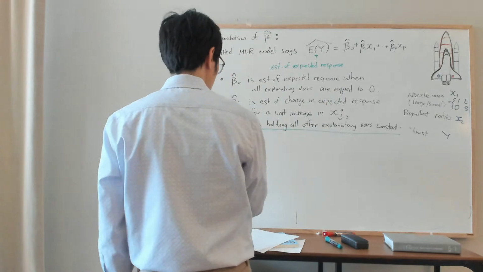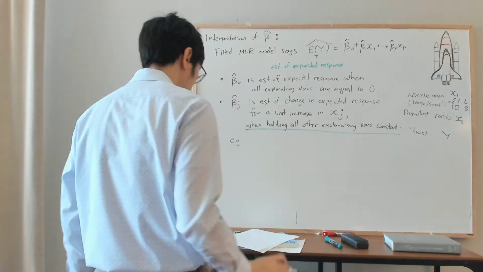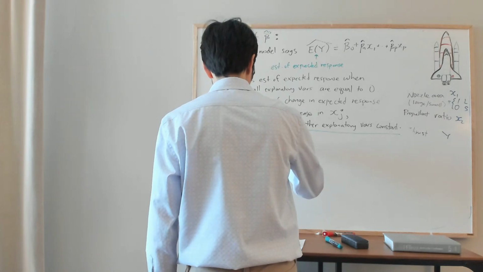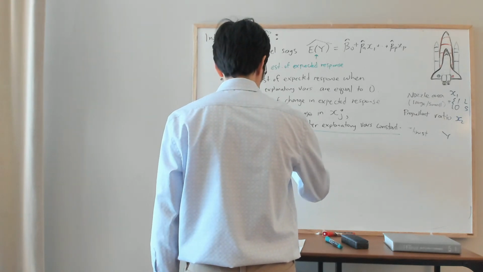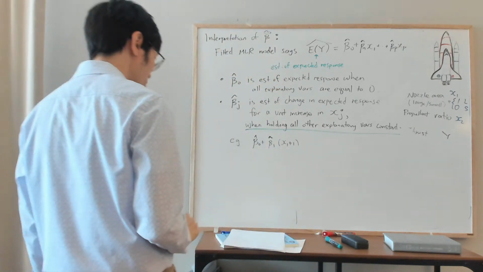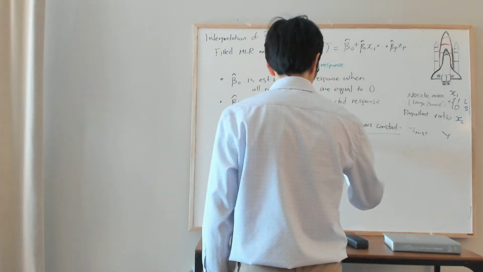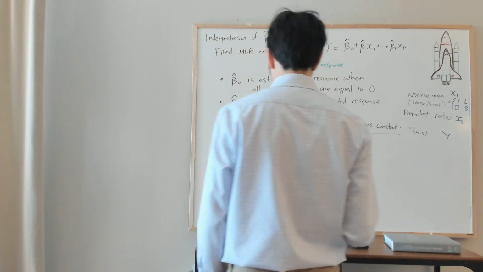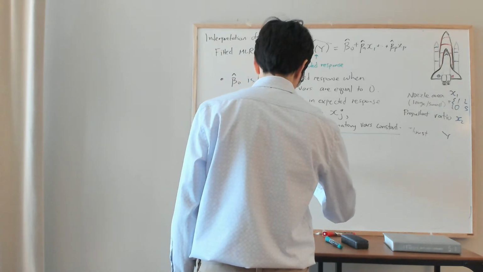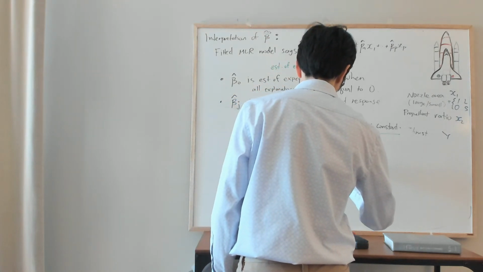Just to make it clear, for example, if I increase x1 by a unit while leaving everything else fixed: I take beta 0 hat plus beta 1 hat times x1 plus 1, and leave everything else the same, up to beta hat p times x p, minus the same thing with everything else at the original values.